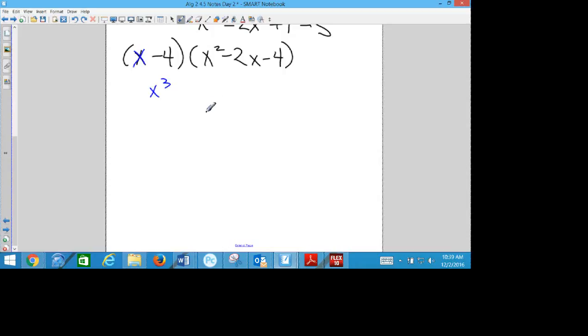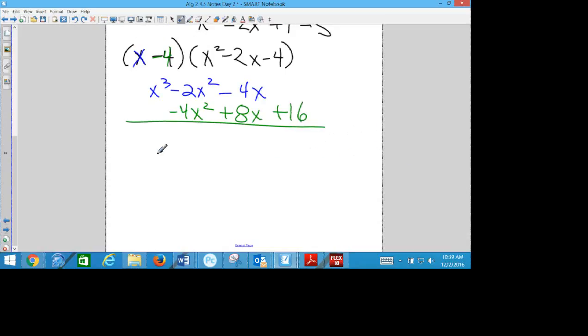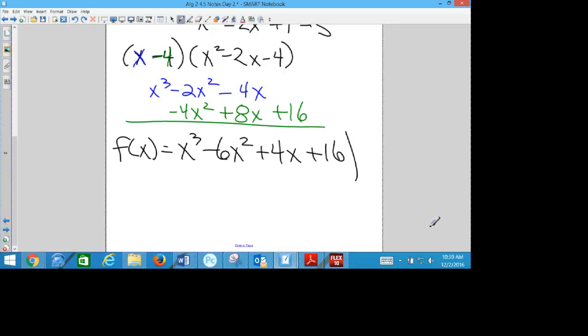This would be x cubed minus 2x squared minus 4x, and then minus 4x squared plus 8x and plus 16. If you haven't done number 8, try number 8.